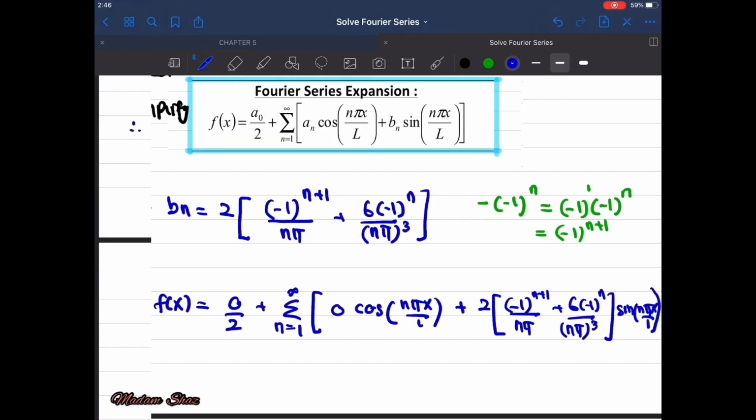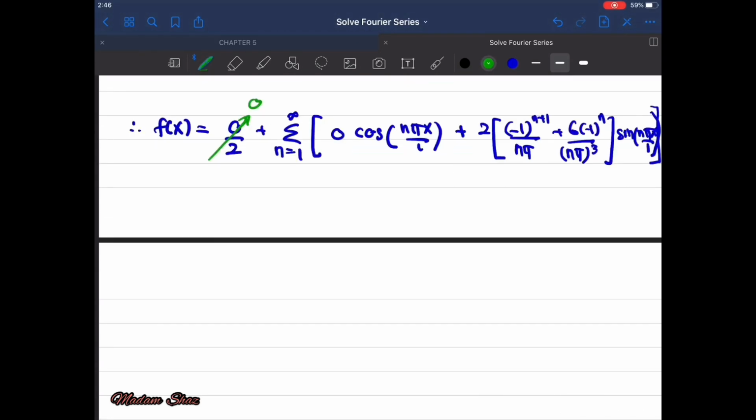So close the bracket. So 0 divided by 2 will become 0. 0 multiply something will become 0.